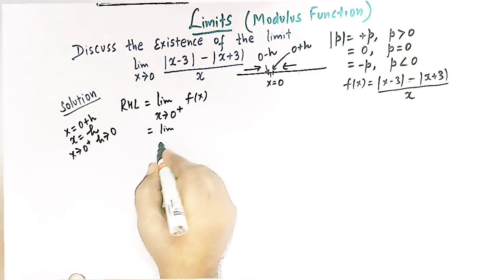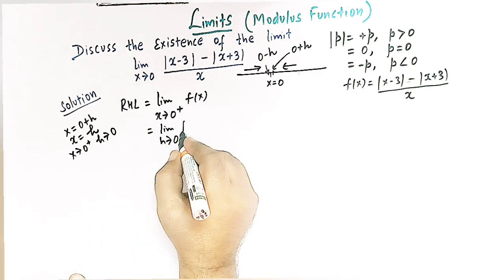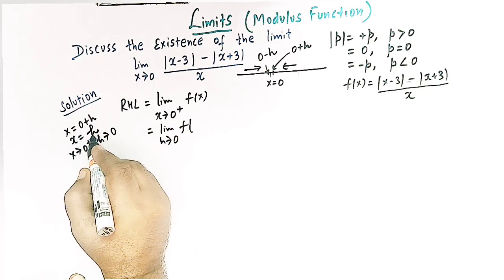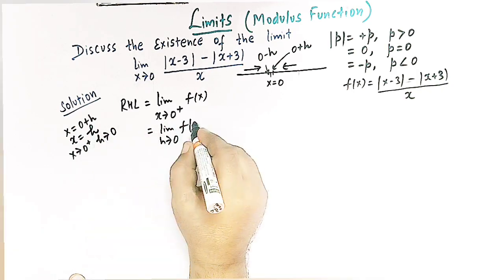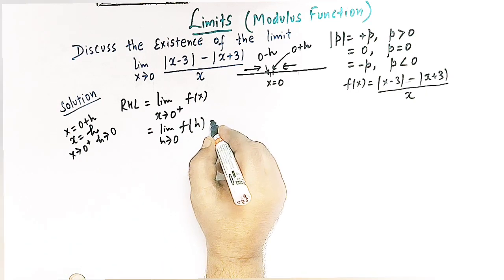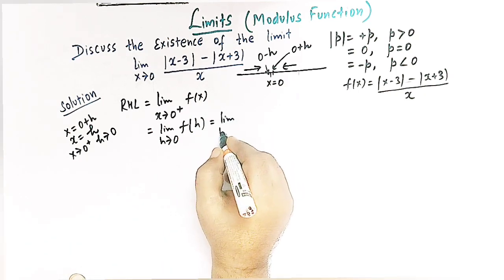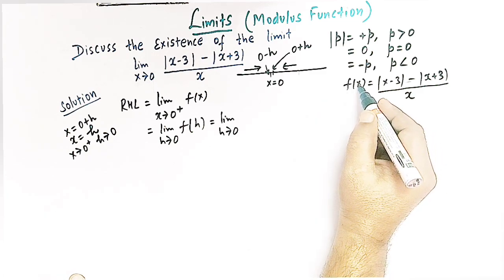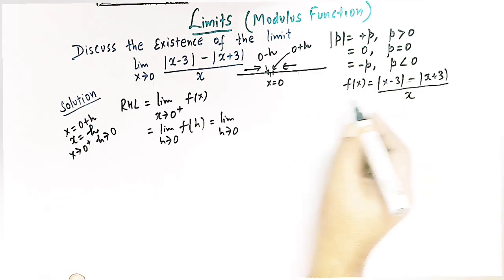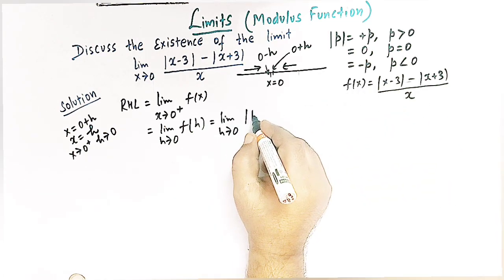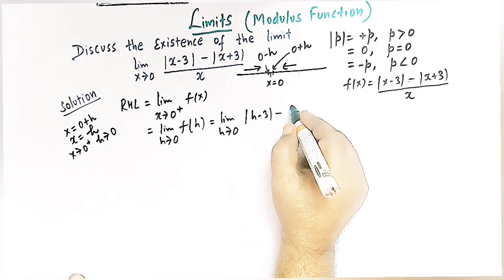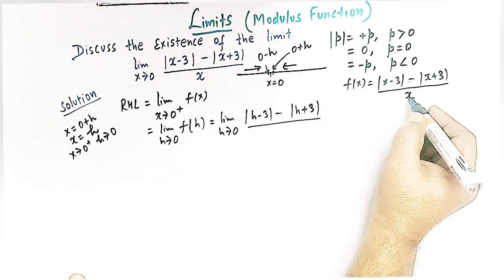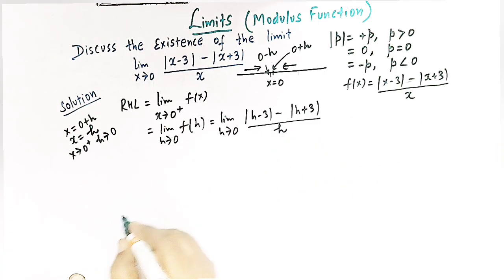We have limit h tends to 0, where x is equal to 0 plus h, or x is equal to h, so we have f of h. Now we can write limit h tends to 0 of f of h, which is obtained by replacing x by h. So we have mod of h minus 3 minus mod of h plus 3, and here for x we have h, right?